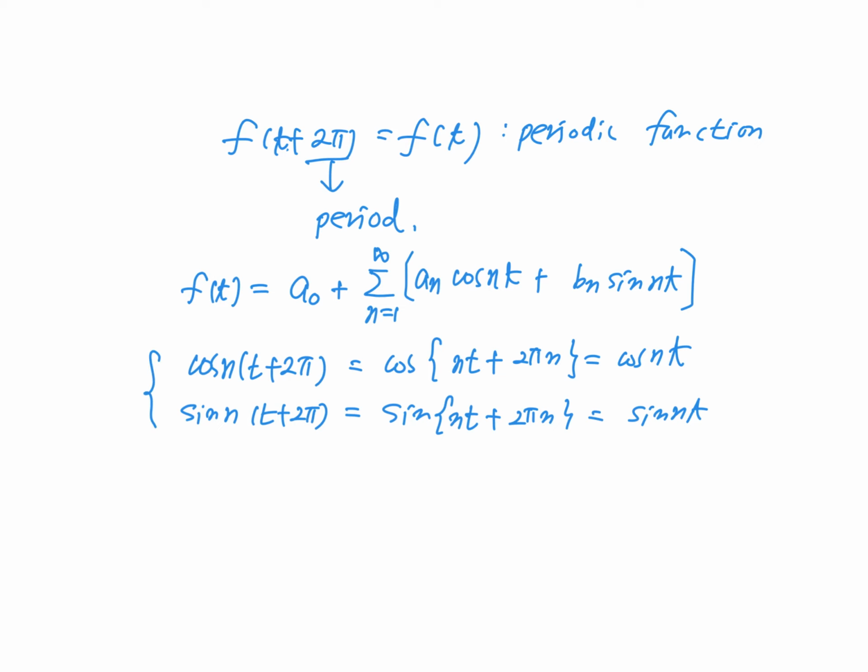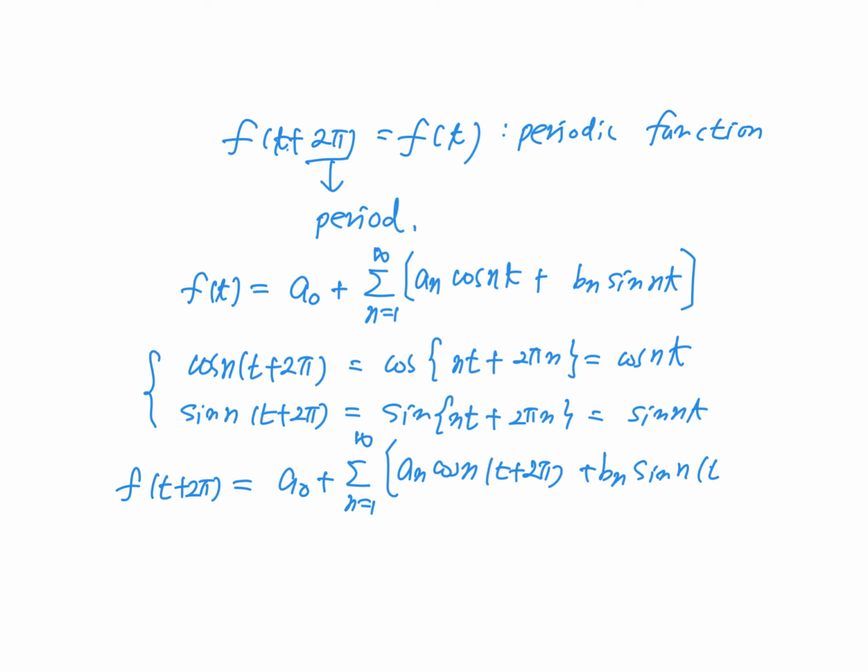So using this, f(t plus 2 pi) is a0 plus a_n cosine n(t plus 2 pi) plus b_n sine n(t plus 2 pi), which is written as a_n cosine nt plus b_n sine nt.